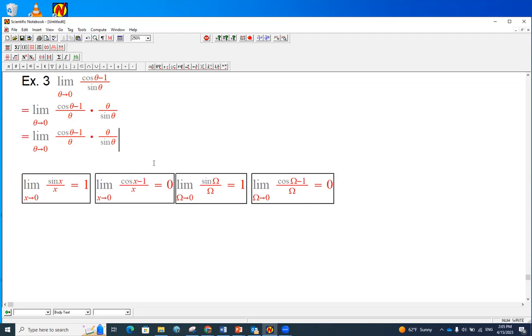And one more manipulation is that if I bring the theta divided by theta, right? So have this one individual limit exist, and this one individual limit exist. And now we can apply limit law.